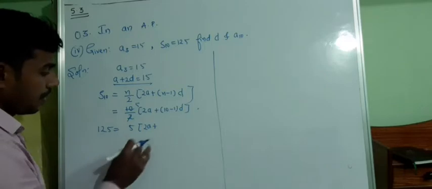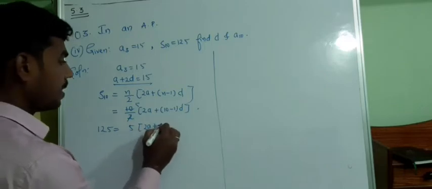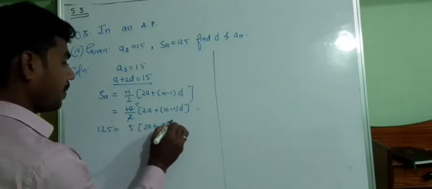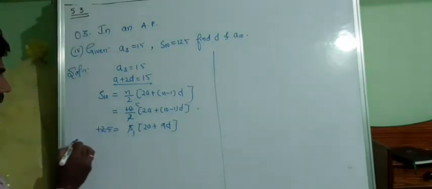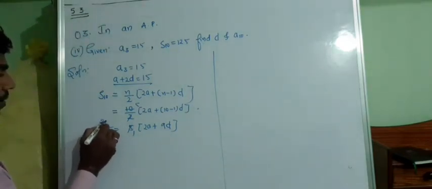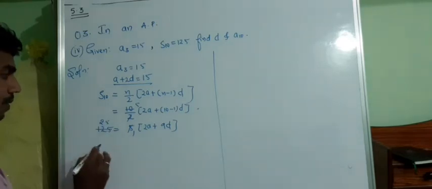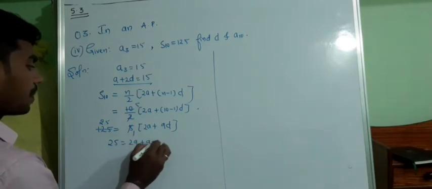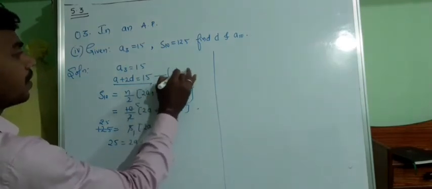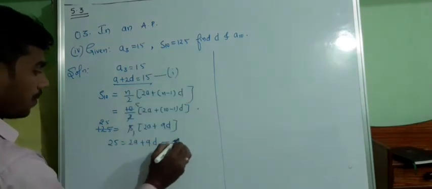I'll write it. 2A plus 90. Now 5 1s are 5, 5 2s are 10, 5 5s are 25. So 25 is equal to 2A plus 9D. I'll call it equation 1 and I'll call it equation 2.